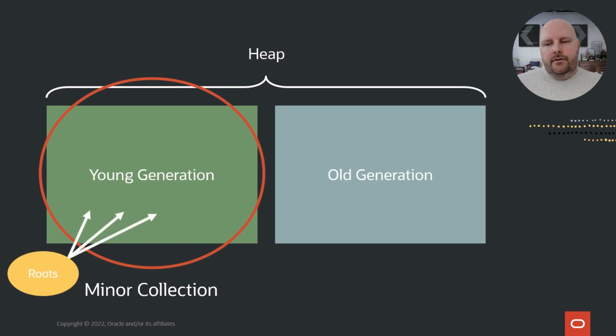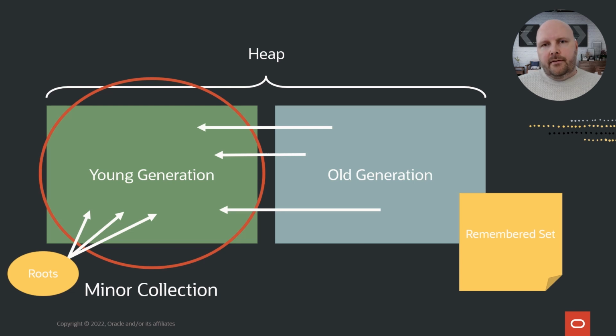And collecting the young generation involves, of course, scanning roots to find pointers pointing into the young generation. But that's not quite enough in a generational GC. There's also something called a remembered set, and that's a data structure that keeps track of what pointers we have in the old generation that point into the young generation, because those pointers can also keep objects in the young generation alive.